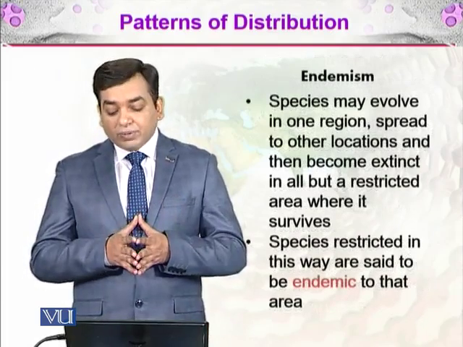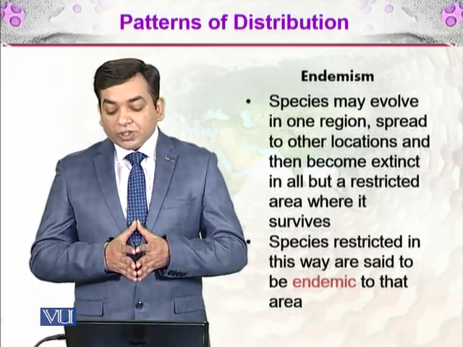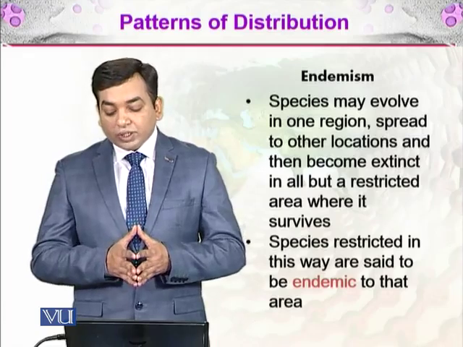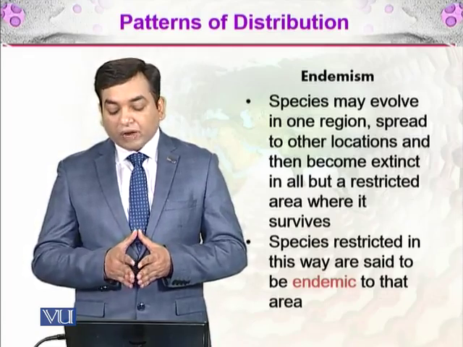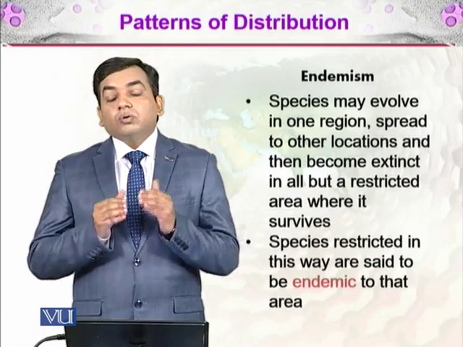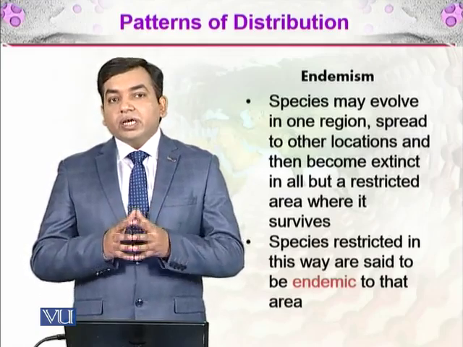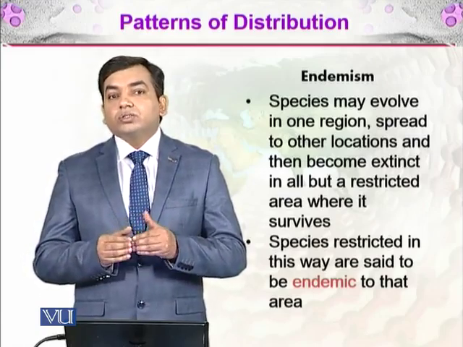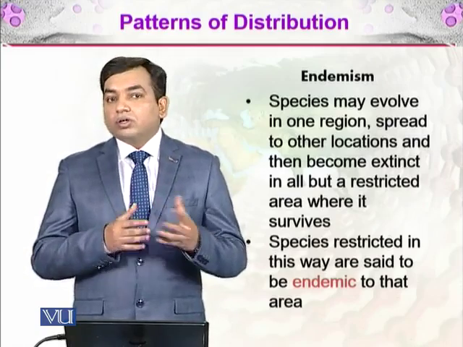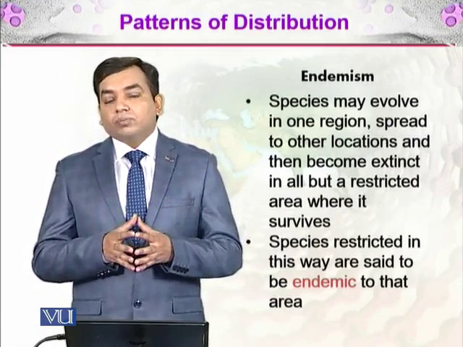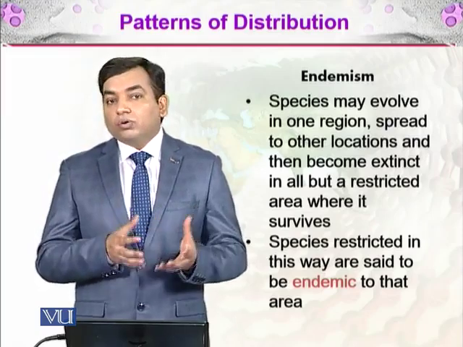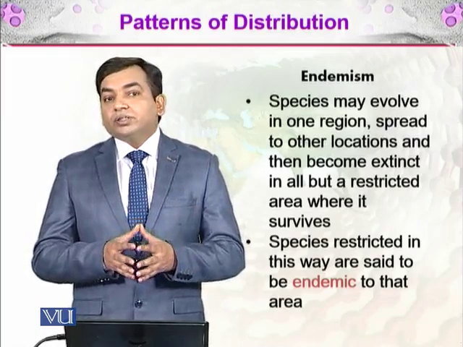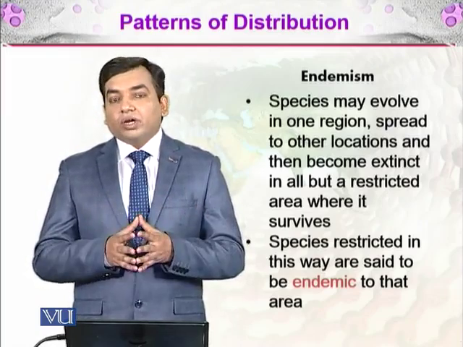So what is endemism? A species may evolve in one region, spread to other locations, and then become extinct in all but a restricted area where it survives. So if we see a species, that species was not there a long time ago. It came from somewhere, and that species was distributed over large areas, but it went extinct in most of them.